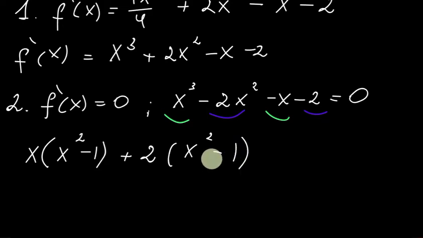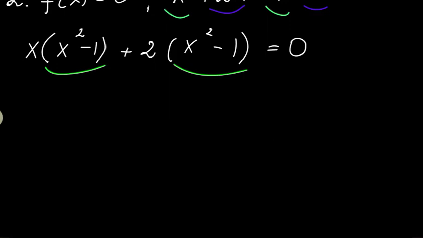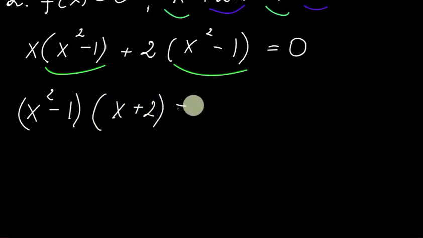I think I made a mistake somewhere. Yes, it is plus here. And this is equal to 0. Now, this term and this term are the same, so we can take it out before the parentheses, and we get x squared minus 1 times x plus 2, and this is equal to 0.